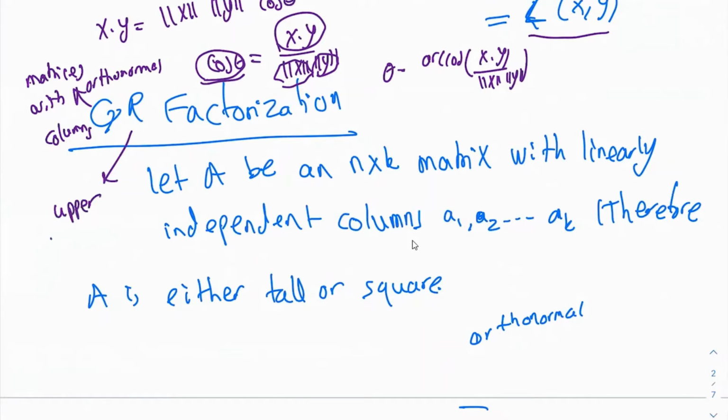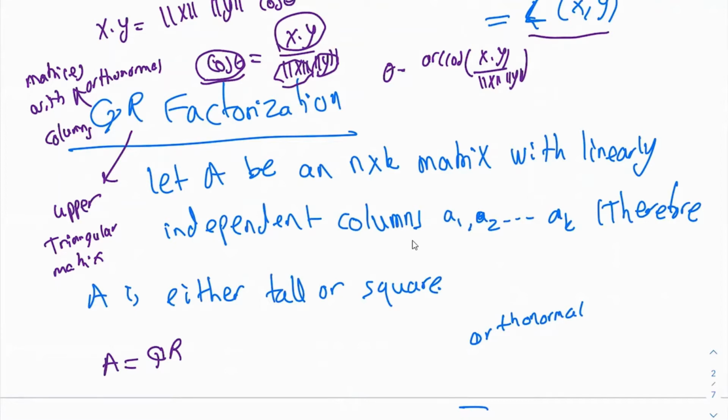So during the QR factorization or decomposition, we are trying to write the matrix A, any matrix A, in the form of Q times R, where Q is a matrix with orthonormal columns and R is the upper triangular matrix, which has positive elements on the main diagonal. But we will talk about that and why this is the case.